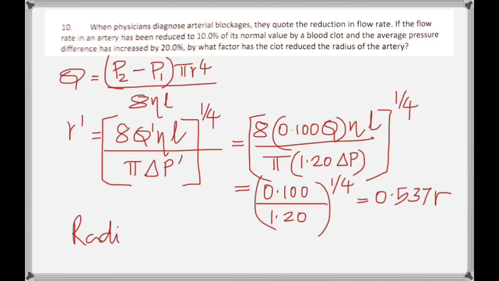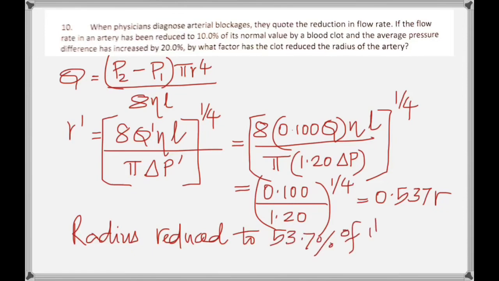And then it says the pressure difference increased by 20%, so it's 1.2 now, right? Takes a little courage to understand that. So every other quantity got cancelled, and I just need this ratio, and I get 0.537 times the radius. So the radius is reduced to 53.7% of the original, or the normal value.